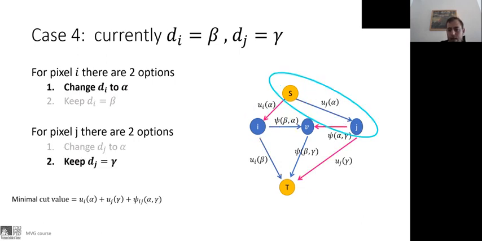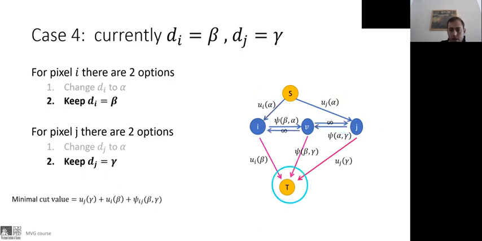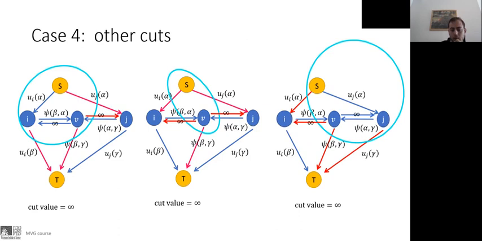In this cut, I'll only change I to alpha. And in this cut, I'll keep both of them as they were before this iteration. Notice that there are more cuts here, but they will not be selected because they involve infinity cost. You see the infinity edge, the red edge.